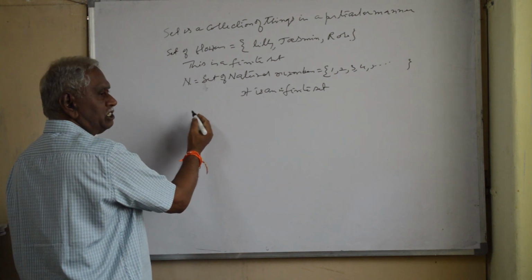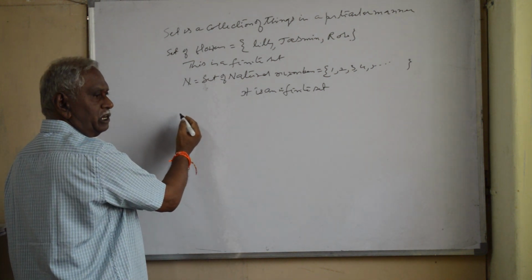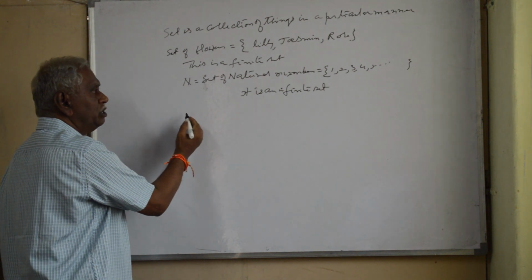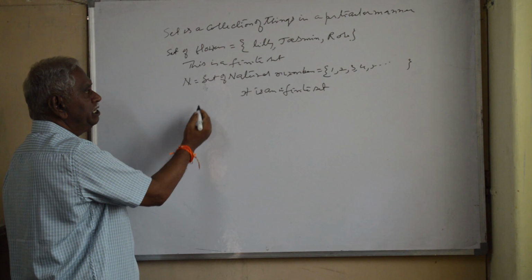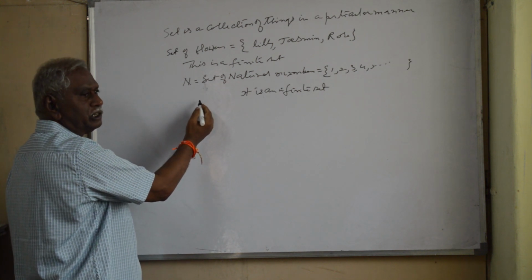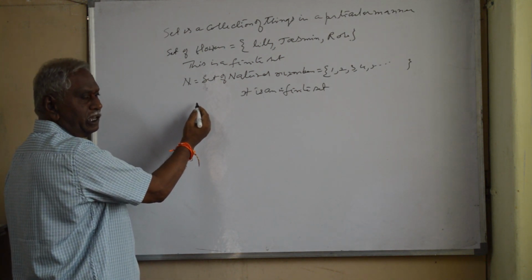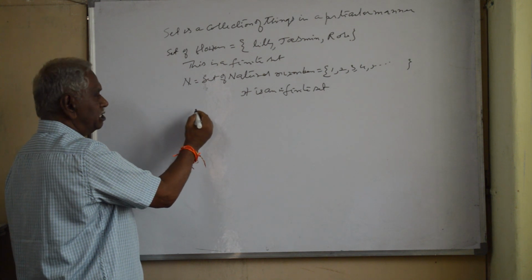So some sets are countable and some are uncountable. If the sets are countable, we call it a finite set. If they are not countable, we say they are infinite sets.